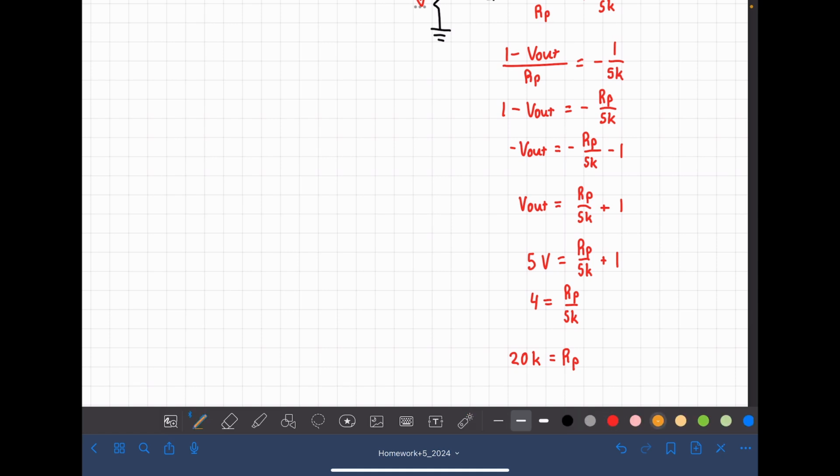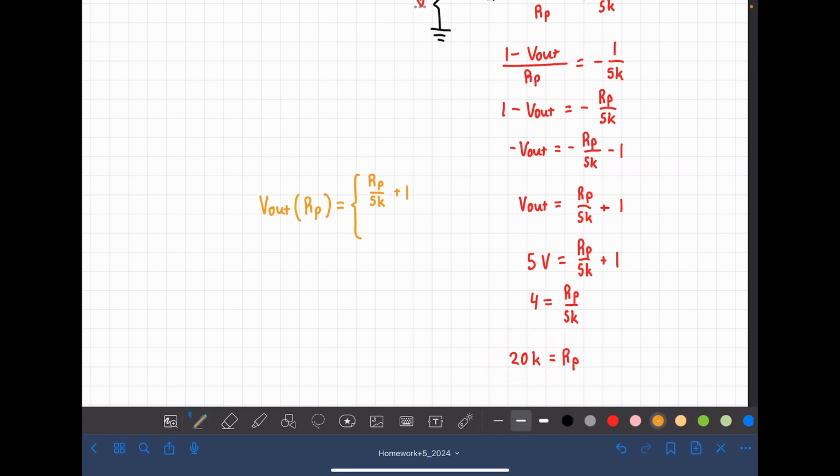So let's go ahead and write a piecewise function that represents that. So V out of Rp is equal to, we know Rp over 5k plus 1. We know this is valid from 0 to our maximum here.